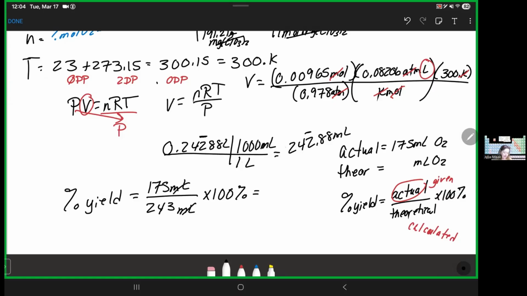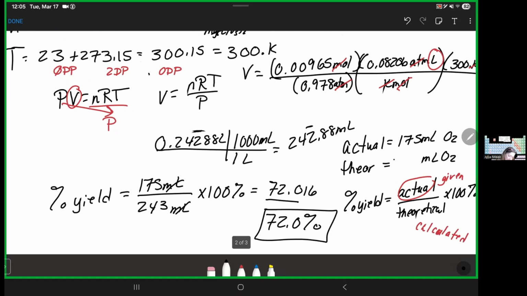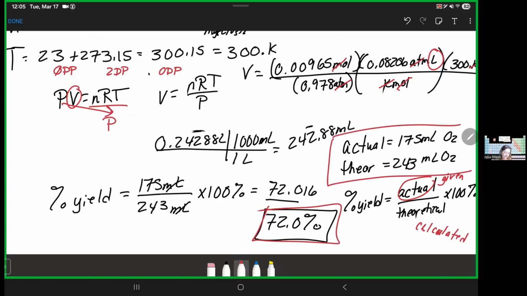Those mL cancel, and you're left with just your percent. When you do that calculation, I get 72.016. I'm limited to 3 sig figs, so 72.0% yield. My theoretical was, let me fill that in there, 243 mL. So there's all of our answers: our actual yield, our theoretical yield, and our percent yield.